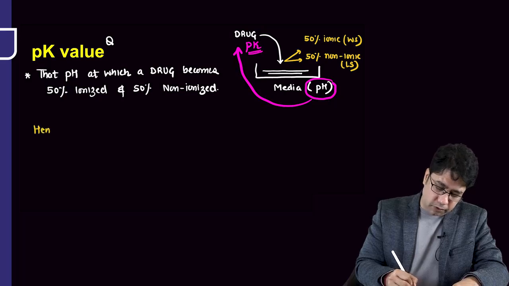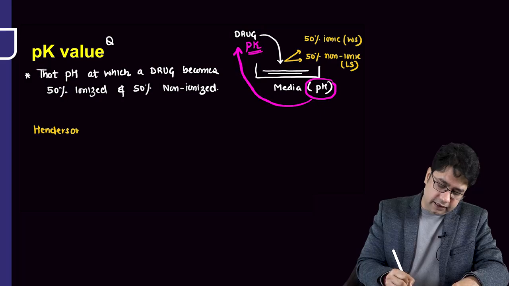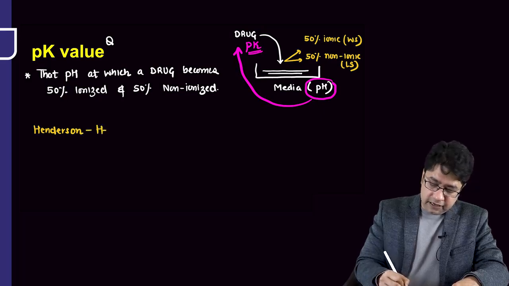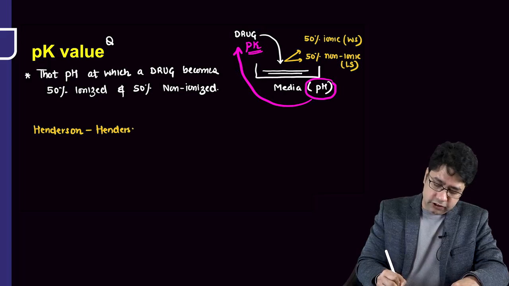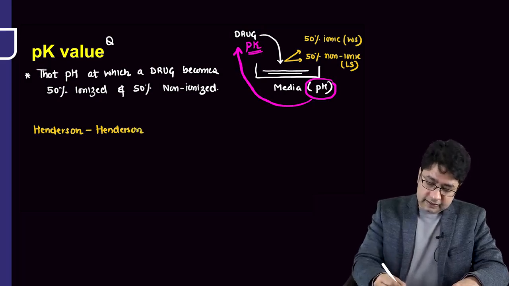We must have probably learnt this in 11th and 12th also. The pK value is calculated by an equation known as the Henderson-Hasselbalch equation.